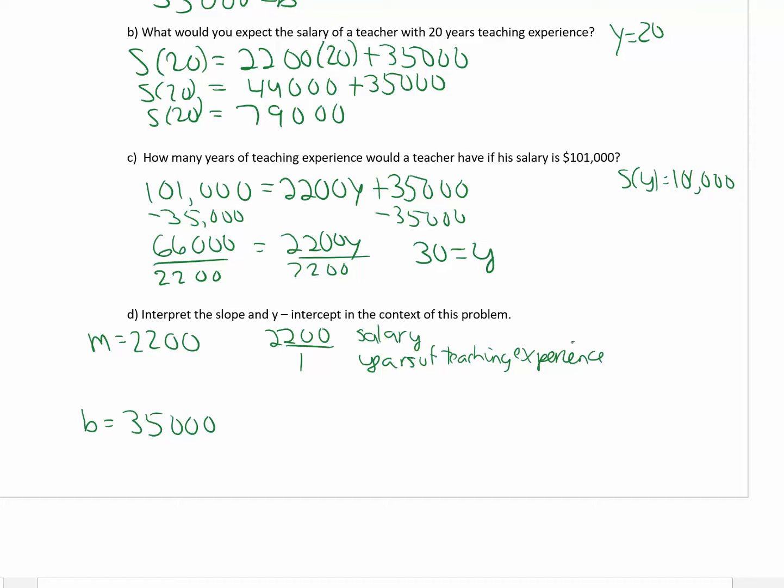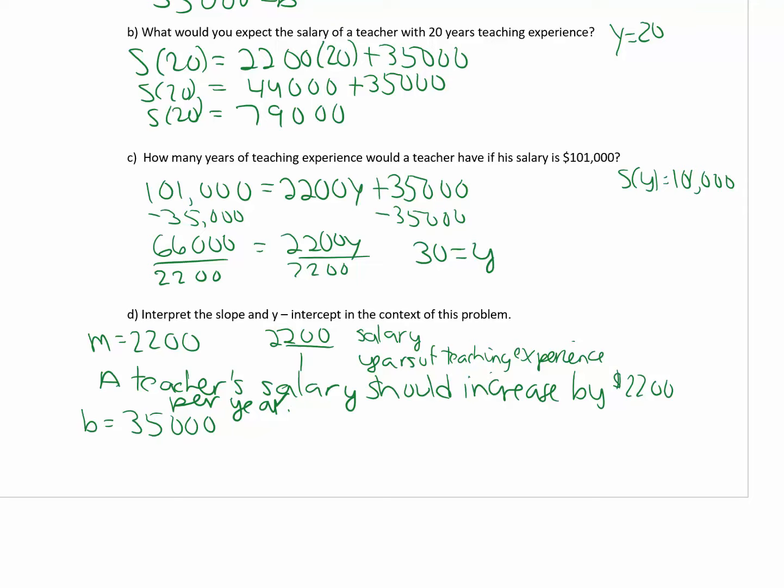So, in other words, every extra year a teacher has of teaching experience, his or her salary should increase by $2,200. So let's write a sentence to summarize that. A teacher's salary should increase by $2,200 per year.